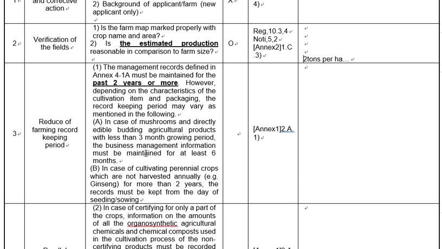In some cases it could be shorter than 2 years, but in most cases that does not apply to foreign growers, certified operators. That's why the inspector needs to verify whether the operator keeps all his records for 2 years or not.